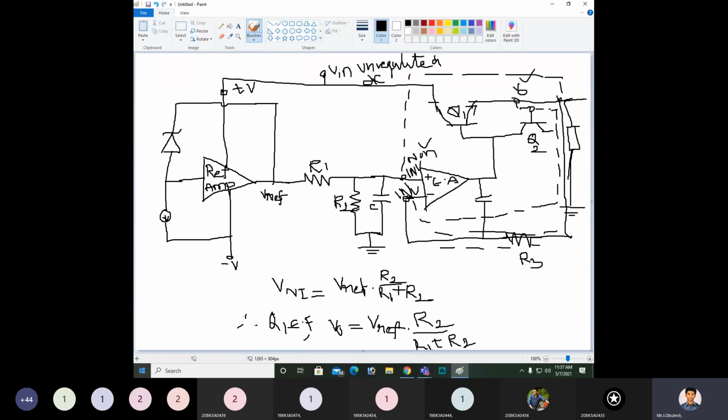So the error amplifier output drives Q1 as an emitter follower.